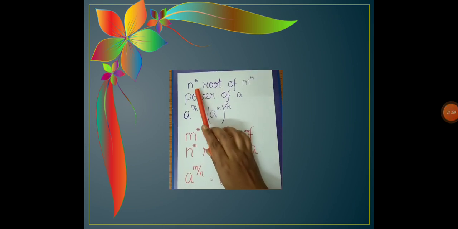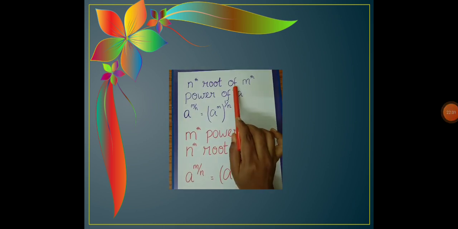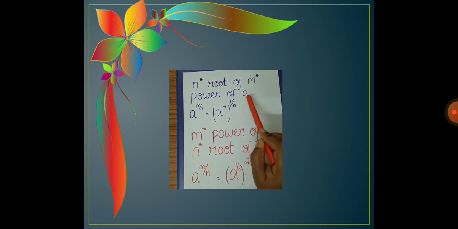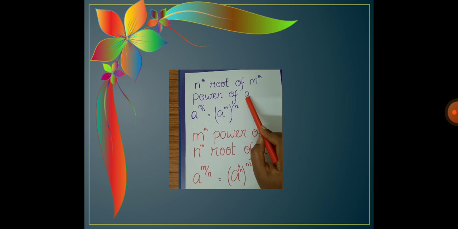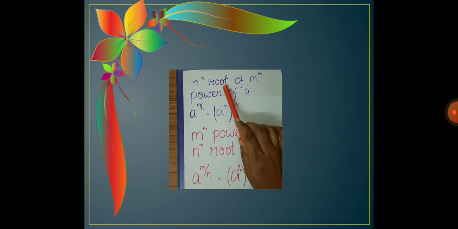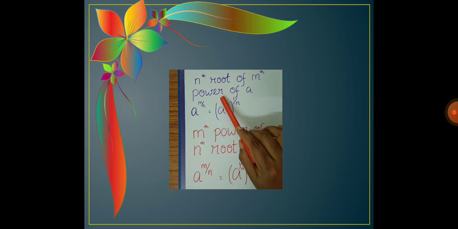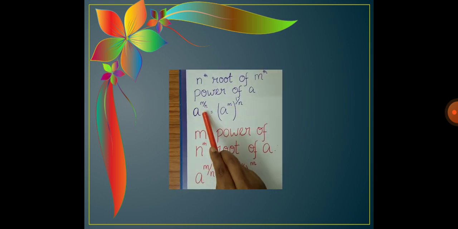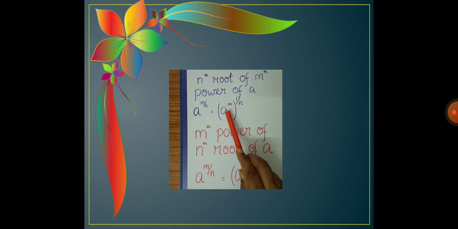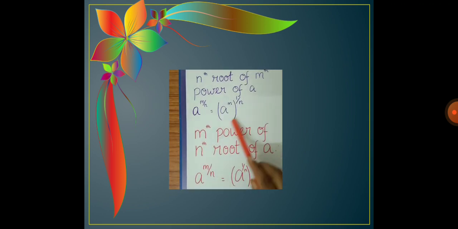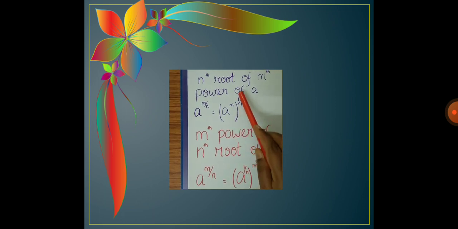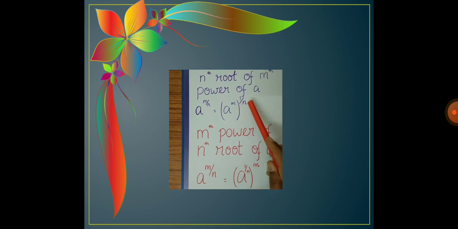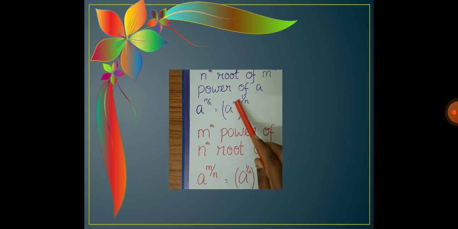Now next we are going to see the nth root of the mth power of a. a can be any number. We are going to see how we can represent a number in a root form and a power form, by the formula a raised to the power m by n is equal to a raised to the power m, the whole raised to the power 1 by n. So 1 by n is the root: the nth root of a raised to the power m.